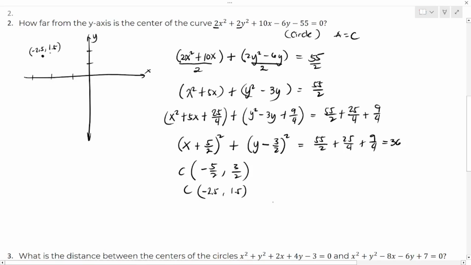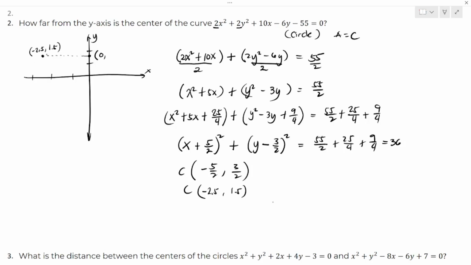So, kukunin natin yung distance nito from the y-axis. Ano yung magiging coordinate nito, class? So, that is your x is 0. And then, ano naman yung y nito?